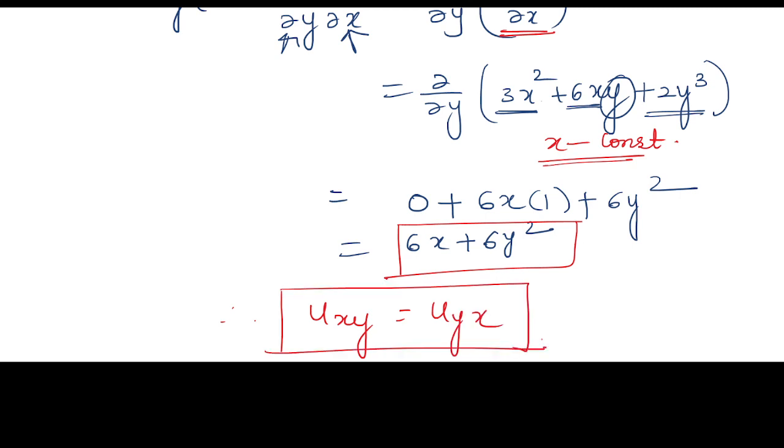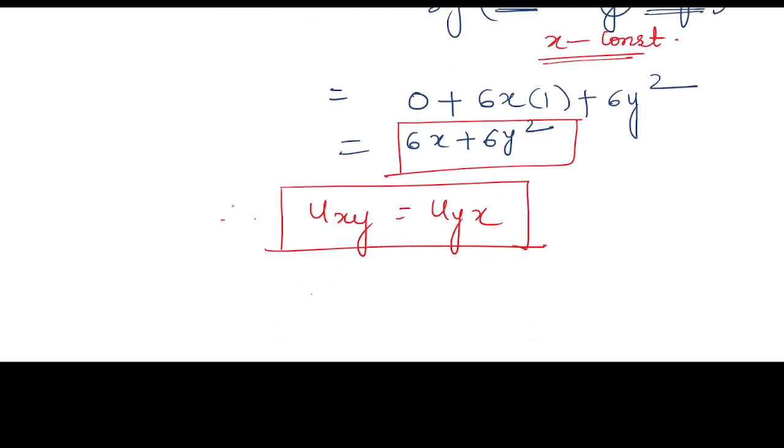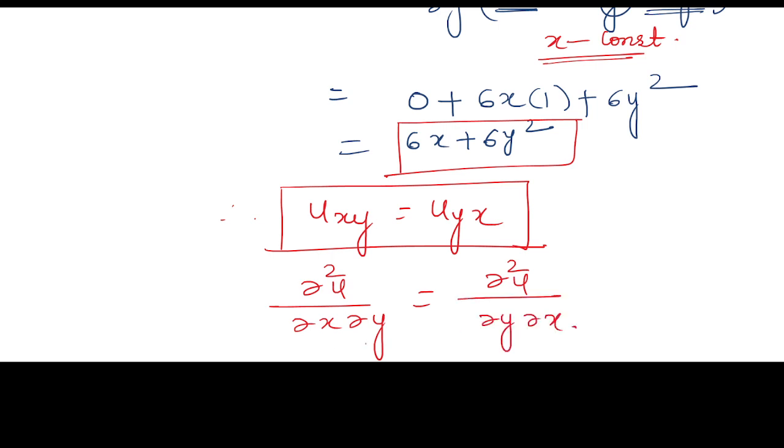That is, the partial derivatives are commutative. So ∂²u/∂x∂y is equal to ∂²u/∂y∂x. Here the derivative is first with respect to y, then with respect to x, and there it is with respect to x first, then with respect to y, but both are equivalent.